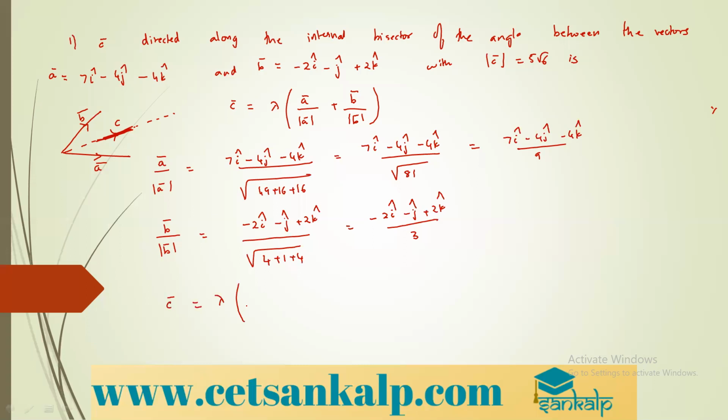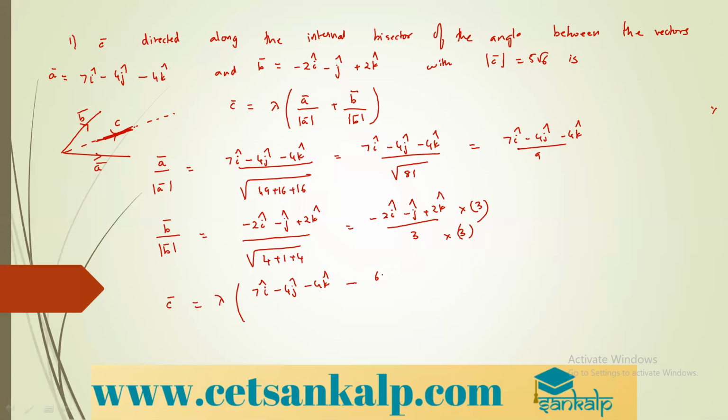I can add up both. So I will have 7i minus 4j minus 4k, minus, I have to multiply this by 3. The second one I have to multiply by 3, so that there is a common denominator. Okay.